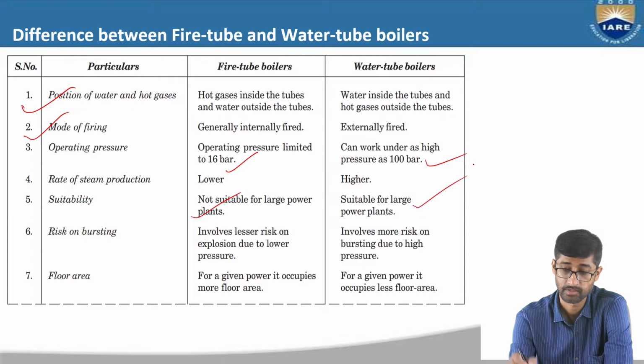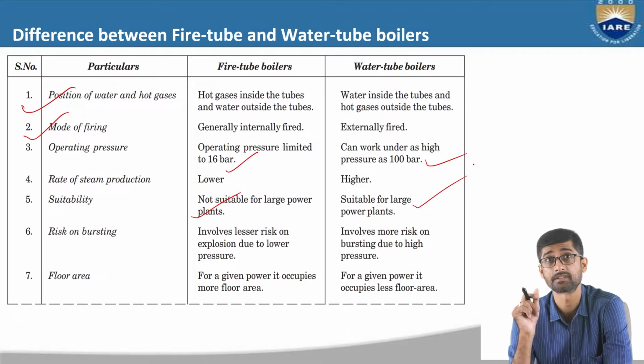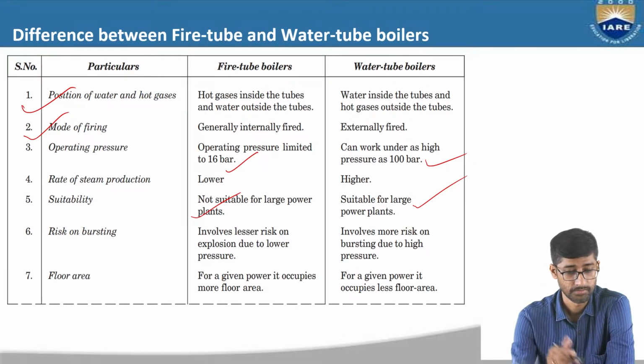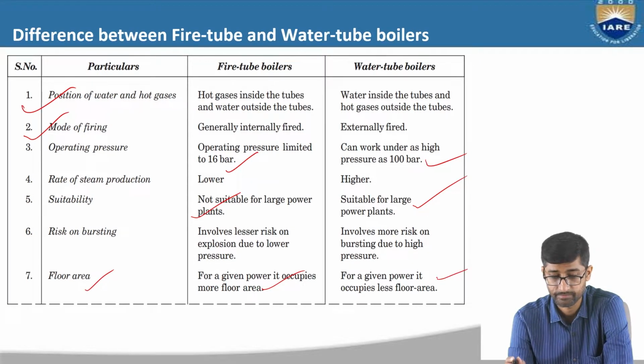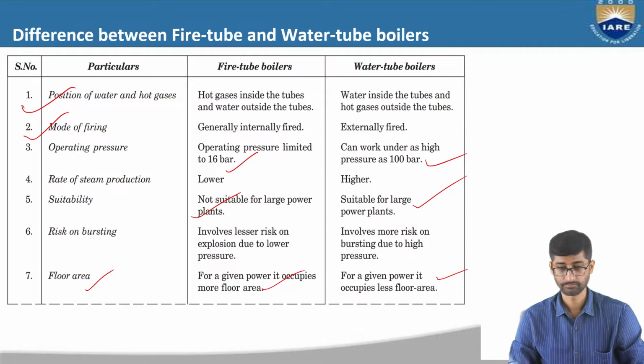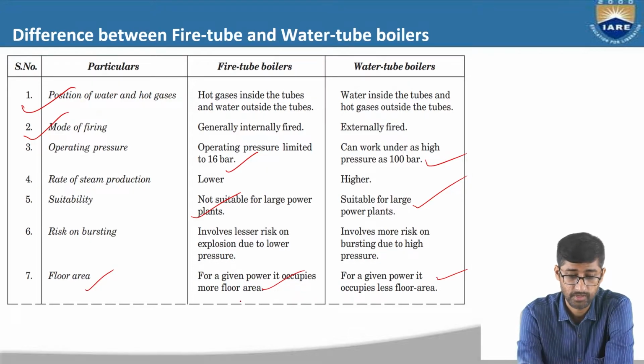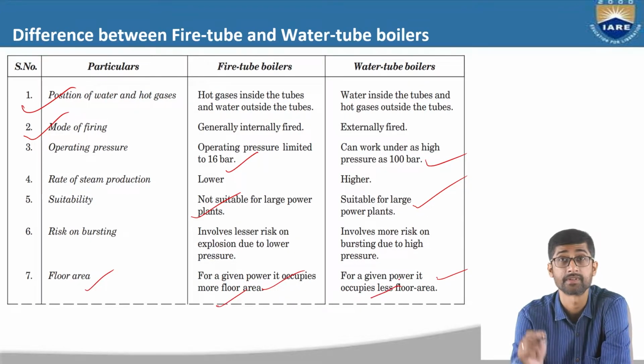The water tube boiler is suitable for heavy, large power plants. Then the floor area: the fire tube boiler occupies less space, like your vertical boilers. But a water tube boiler requires more space. Sorry, fire tube boilers require more space and water tube boilers require less space.